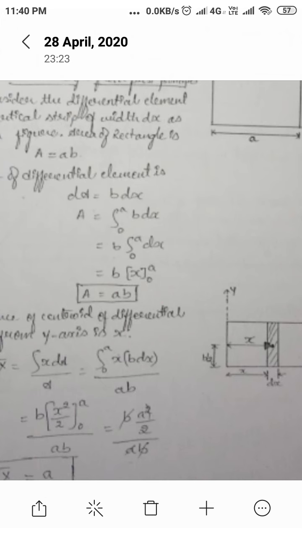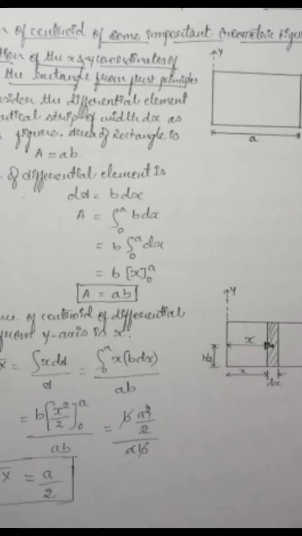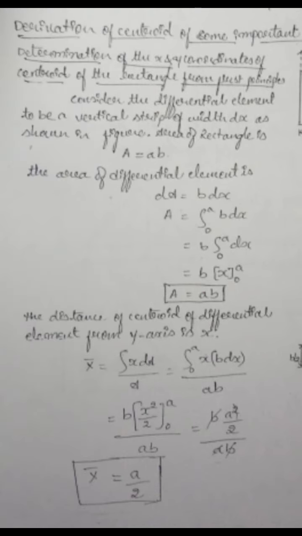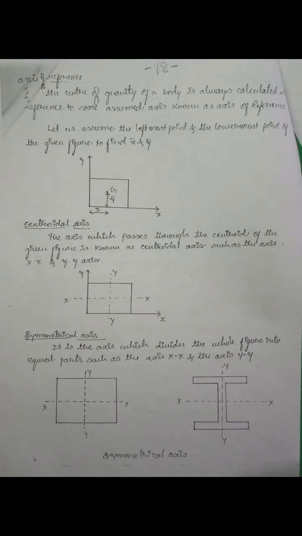The integration of x dA, where x is the distance from the CG and dA is the small elemental area, divided by the total area. That is the definition according to the centroidal equation, which I showed in the previous video.